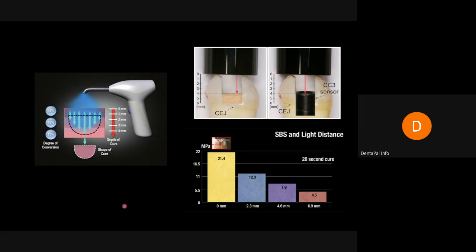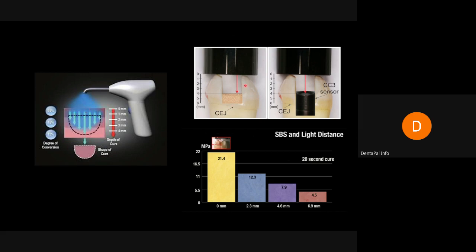So this relation means, first of all, I have to apply composites in very thin layers, which is about 1 to 1.5 millimeters thickness, because at that thickness I can achieve the best conversion rate. Then I should be light curing the composite surface from zero distance, to be very near to the surface of the composite.